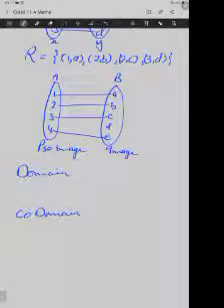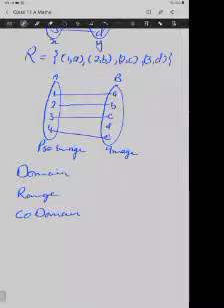We are going to understand three things. One is known as domain, next is known as range, and last is known as codomain. Now, what is a domain?